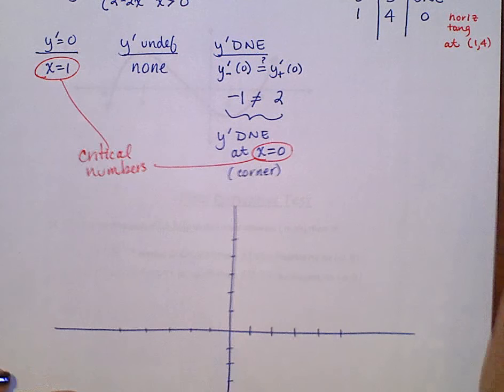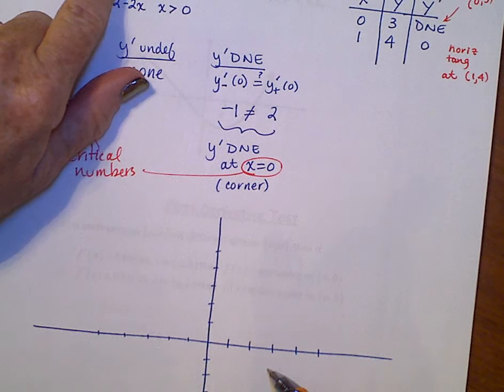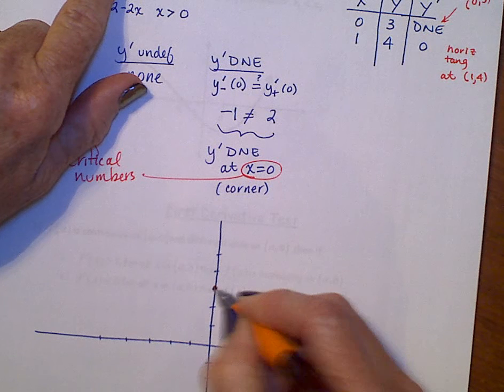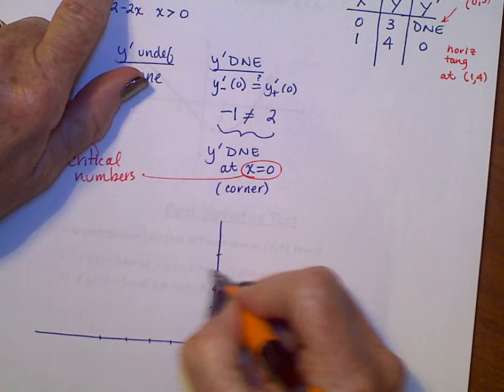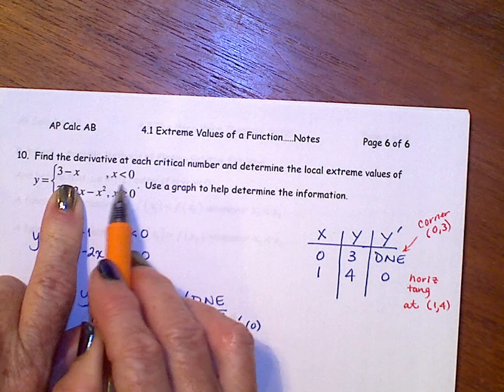All right, so, 3 minus x, when x is less than 0. So y-intercept is 3, slope -1, and I have to go to the left because this graph is defined when x is less than 0.